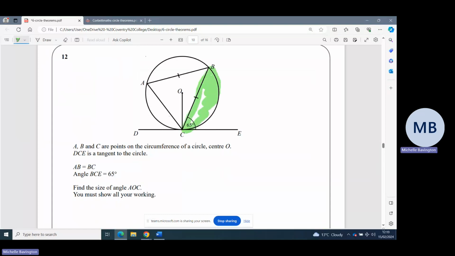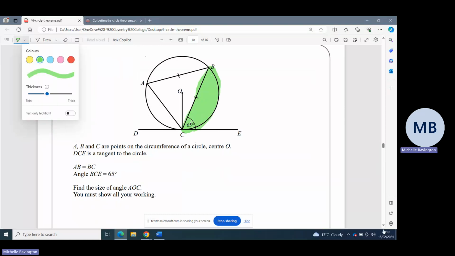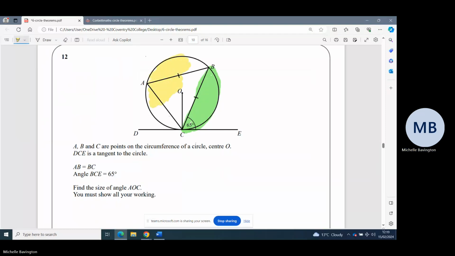At some point, I'm definitely going to be using that and that.